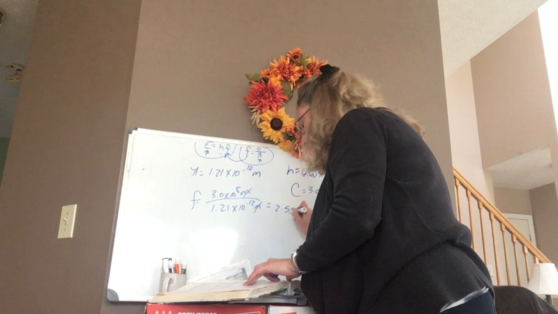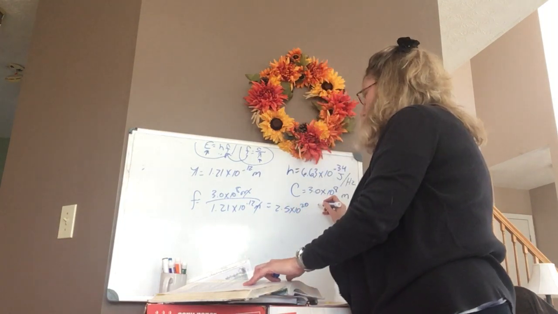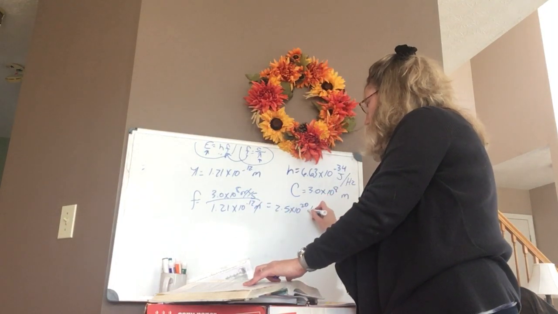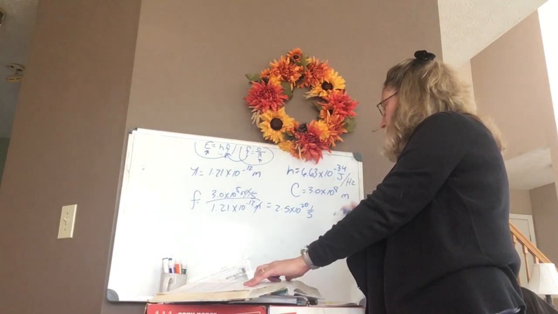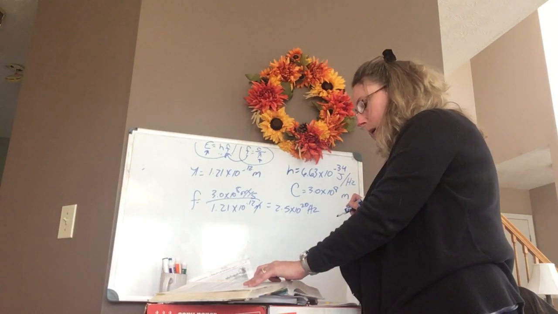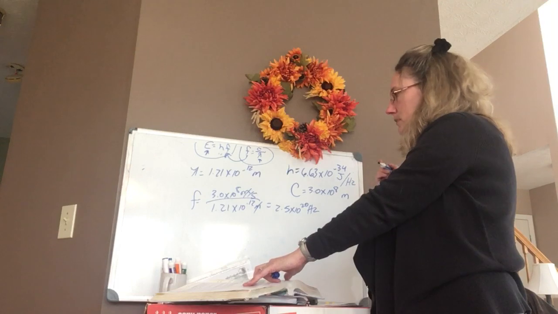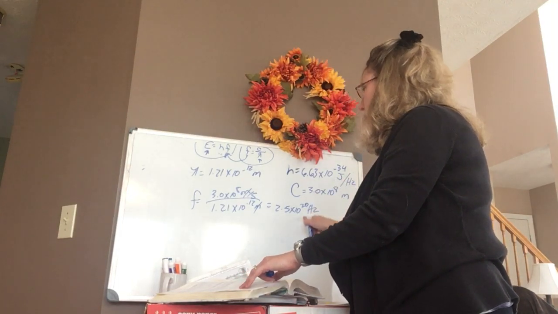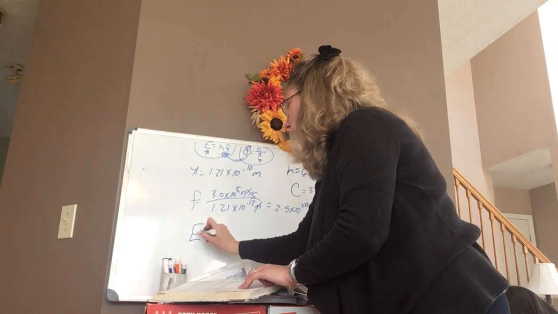My frequency gets to be 2.5 times 10 to the 20th, well, this is meters per second, dang it, 1 per second, or hertz, either one. If you want to write 1 per second, that's fine. If you want to remember that it's hertz, that's fine too, which you might, because Planck's constant is given to you in joules per hertz. Just remember they're interchangeable. Now that we have a frequency, I can put it into this equation because I want to know the energy.